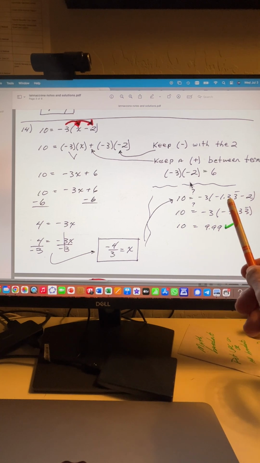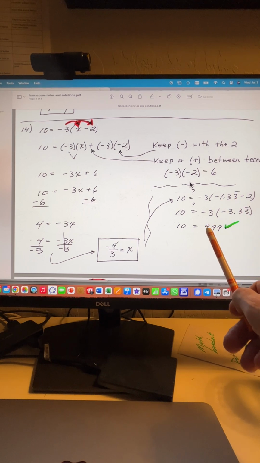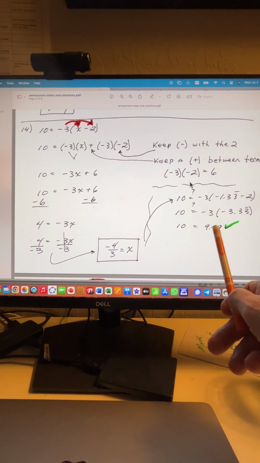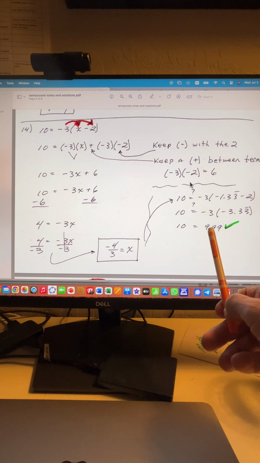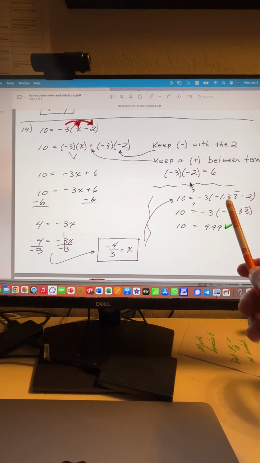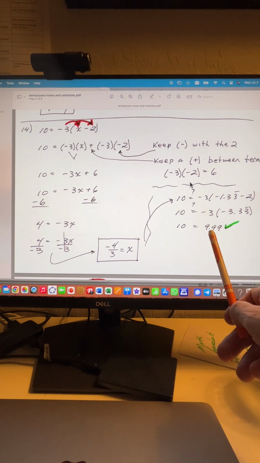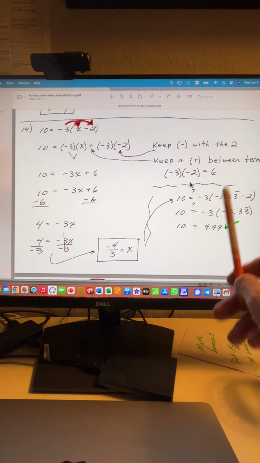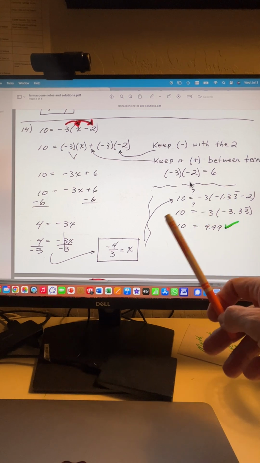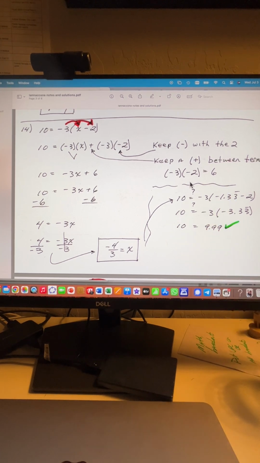Because if I had put -1.33333333, I would have got 9.9999999, which is in effect 10. Now, if I'd have put a fraction in there, I would have gotten exactly 10. But I know decimals, I know checking, I know that that's going to be right, the 9.99.